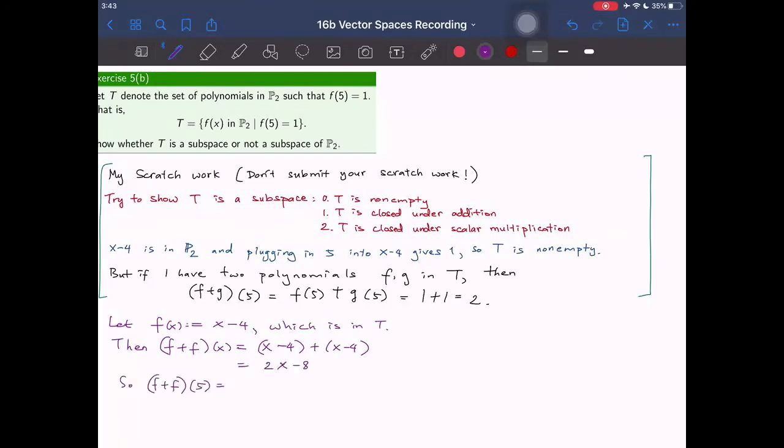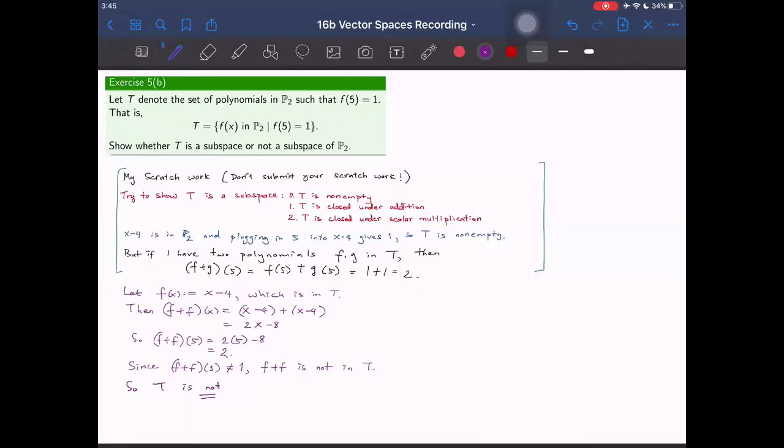I plug in 5 into f plus f. This gives me 2. Since f plus f of 5 is not equal to 1, f plus f is not in T, so T is not closed under addition. Therefore, T is not a subspace of P2.